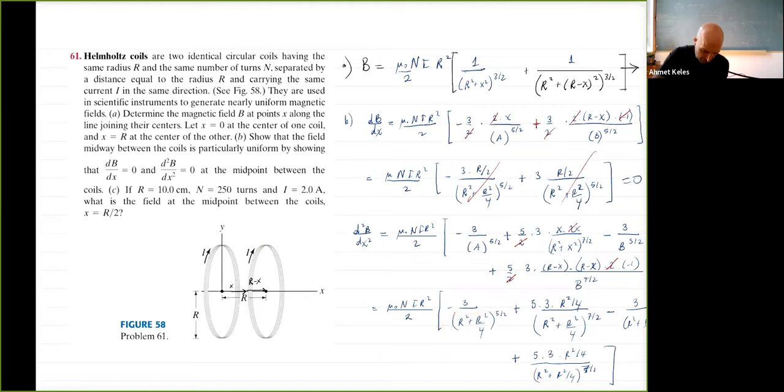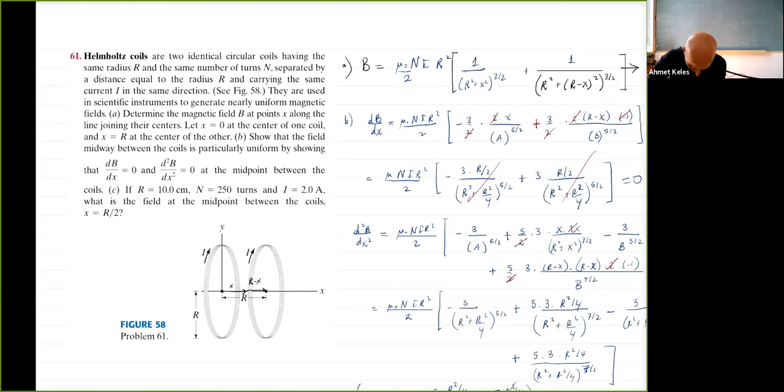So this is equal to some factor times minus 3, plus 15 r squared over 4 divided by 5 over 4 r squared to the 7 over 2, plus the same thing, 15 r squared over 4 divided by 5 over 4 r squared.